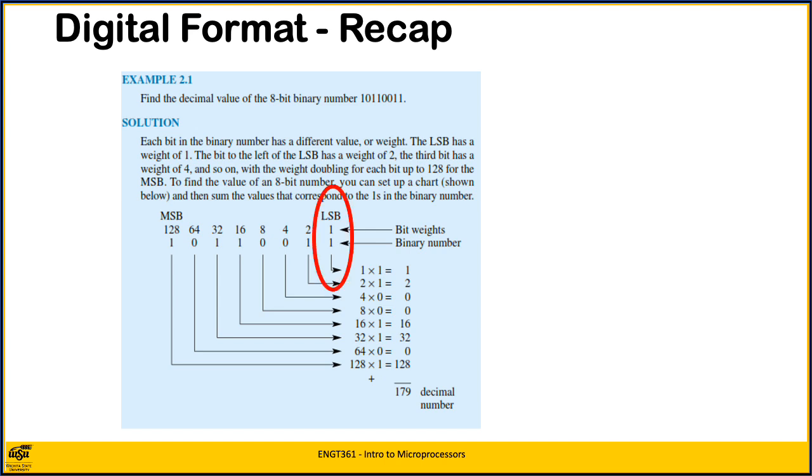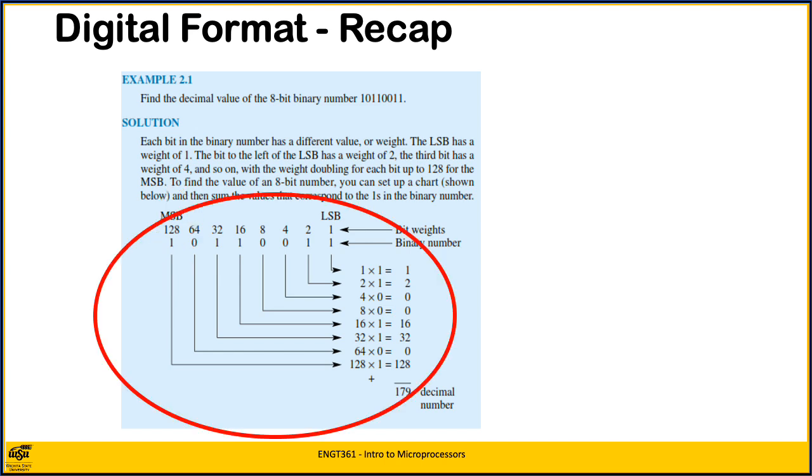The rightmost bit in a binary number has the least value and is called the least significant bit, or LSB. The leftmost bit represents the highest value and is called the most significant bit, or MSB. The conversion between binary and decimal can be performed directly with most scientific calculators or manually using the technique as shown.